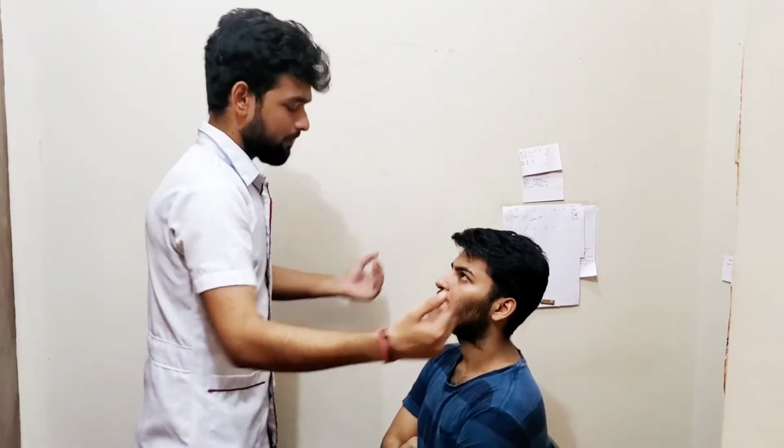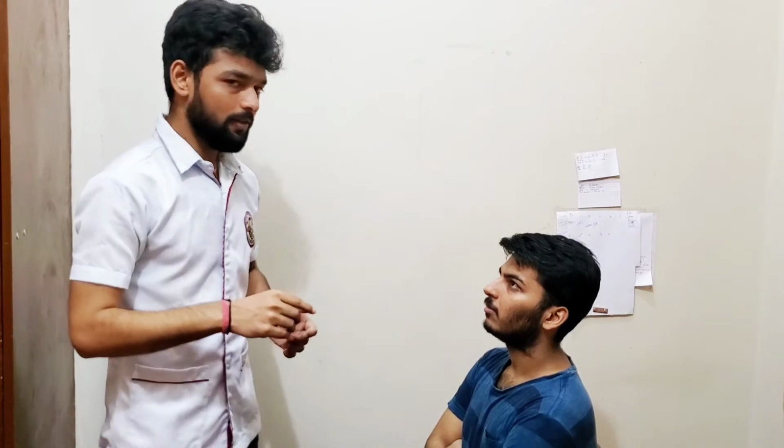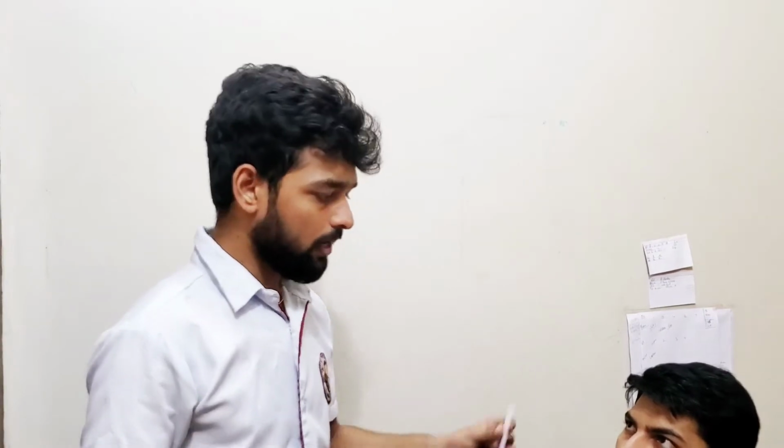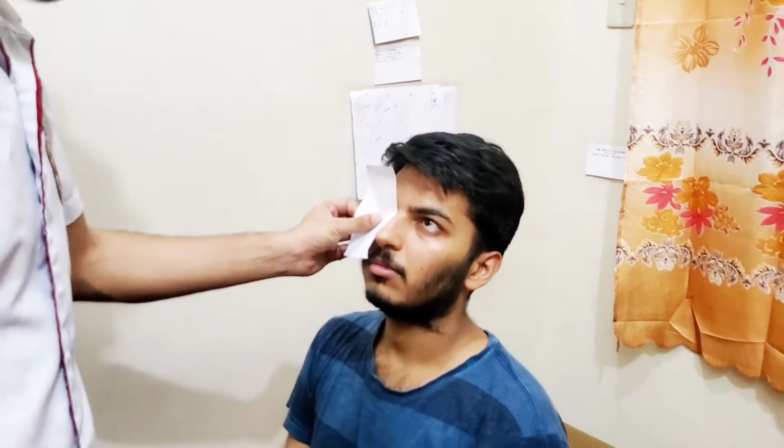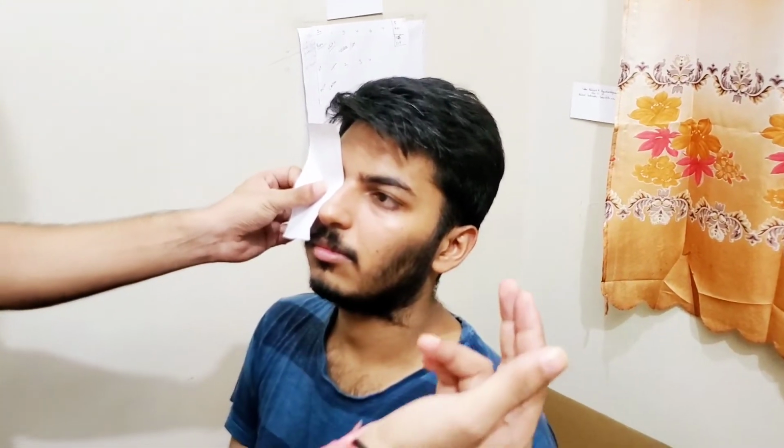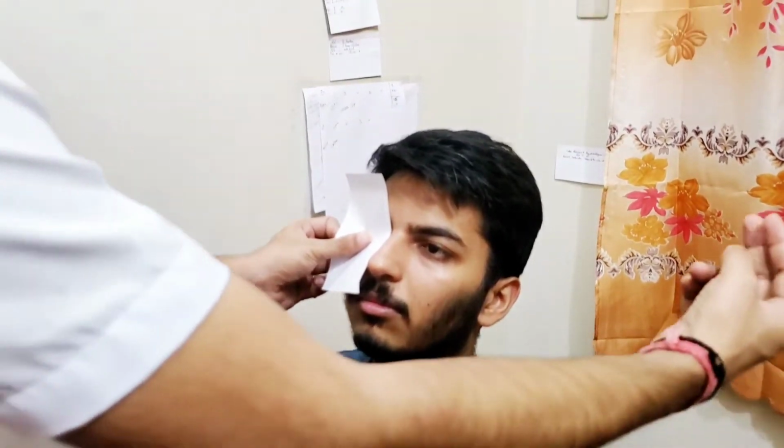Okay, so this is done. After that, to check if there is any irregularity, we'll check the individual eye, and for that we'll do another test, in which we'll cover one eye, and in a similar way to the finger wiggle test, we'll move our hand, and the patient will tell us when he starts seeing the finger.